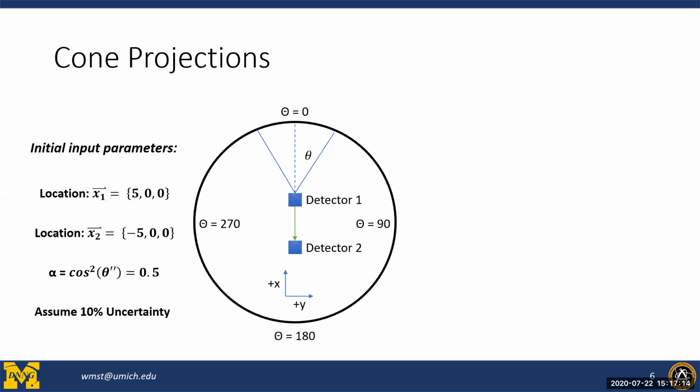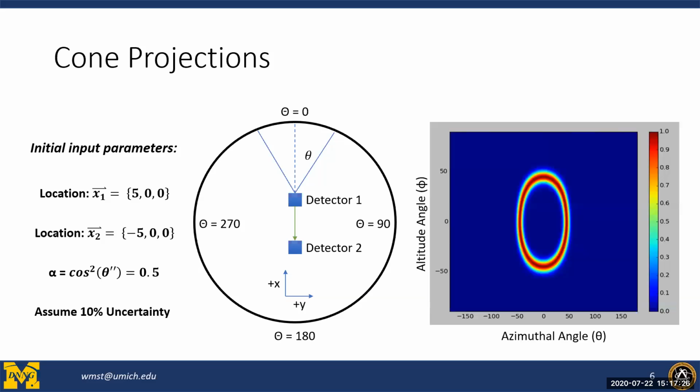In this case, you could assume that's a time of flight energy of 0.5 and then an incident neutron energy of 1 MeV. And if we assume just a 10% uncertainty on our alpha, we can run it through those equations, and in that distribution we can see that we get a cone projection here, where this is centered at 0, 0, as we expect right down, and then has a 45-degree angle around it.